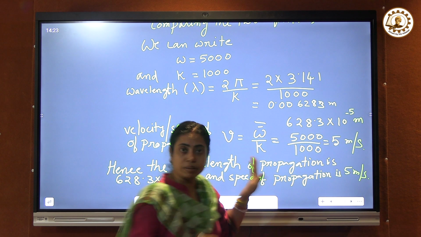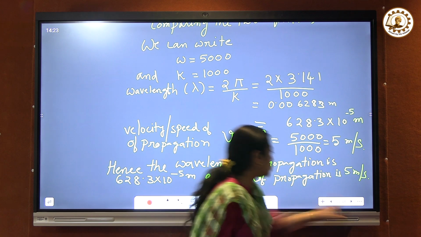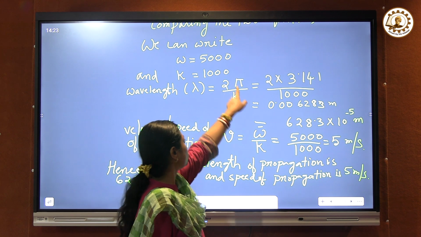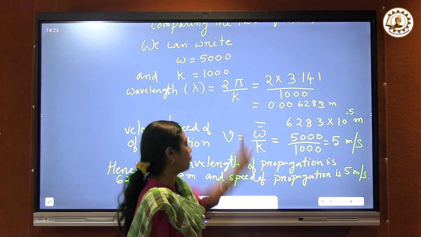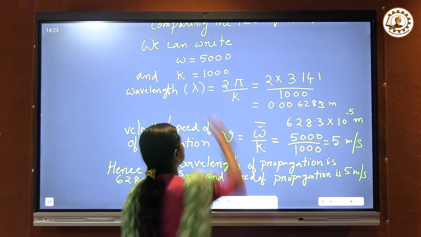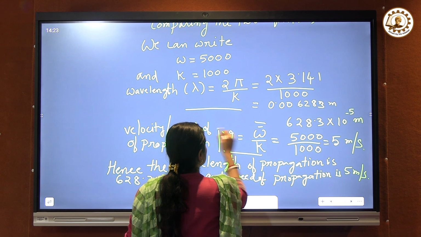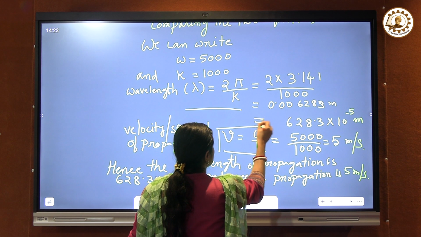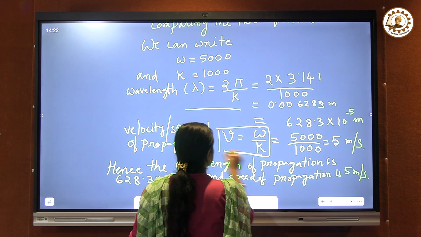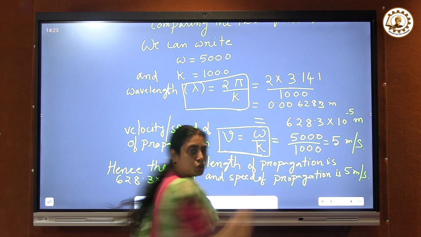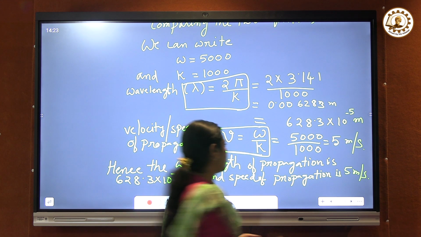Okay, so this is my first part. For the second part, remember the two formulas here: lambda is equal to 2 pi by k and v equal to omega by k. These are the two important formulas that we need to remember from this problem, which may come in other problems also.